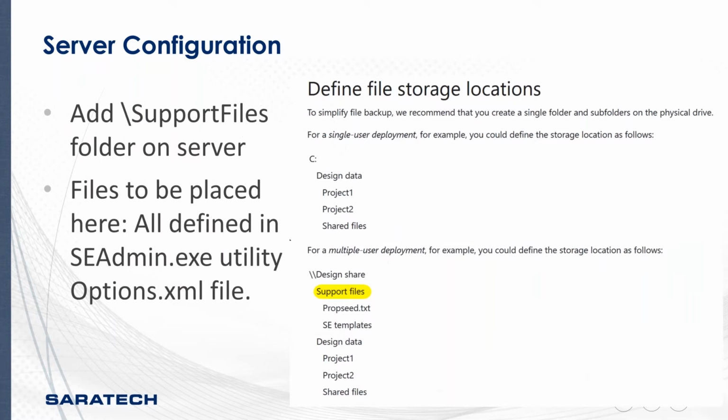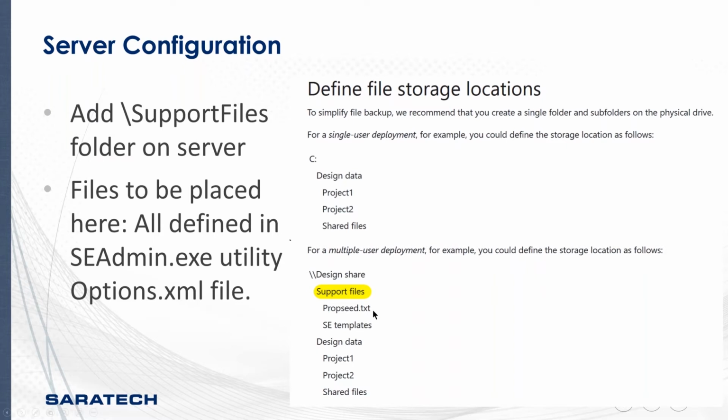One additional thing we'll want to do on the server for later on is to set up a support files folder. So underneath my share, I would set up the support files folder, and things like the propseed text file, my options XML that we'll get into, show you what that's for later on. Your holes.txt file, if you're familiar with that, you can put that in here.